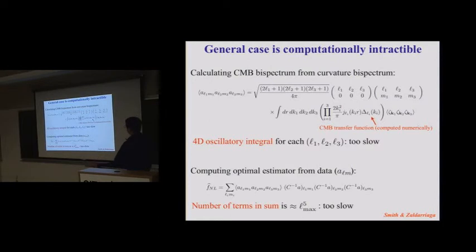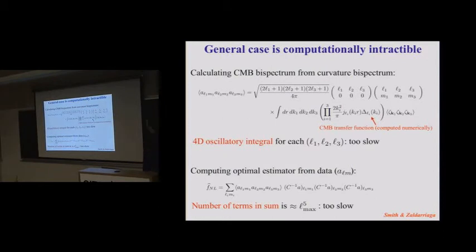All that's going on here conceptually is that you just have a 3D to 2D projection. You're just projecting the 3D modes of the curvature field onto the surface of last scattering in a complicated way that involves propagation of sound waves and all the acoustic physics of the CMB.